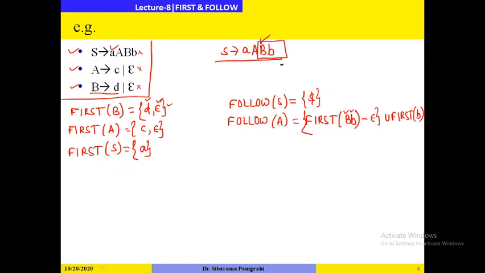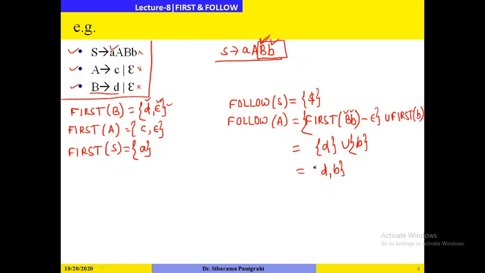So I have computed the first of capital B minus epsilon union first of small b. So here what will you get? First of B minus epsilon. First of B is D epsilon, so if I subtract the epsilon, I will have D. Union first of small b. So what will you get? You will get b. I hope all of you have understood how I have computed follow of A, D, b.